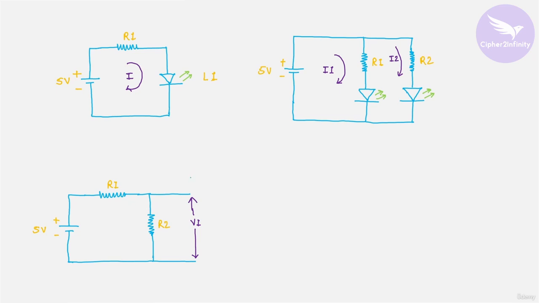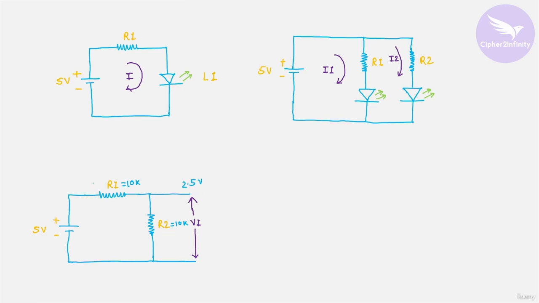For example, if you want 2.5 volts on the output side, then based on the values of R1 and R2 that you select, you can achieve it. If you select R1 as 10 kilo ohms and R2 as 10 kilo ohms, this combination will give you 2.5 volts on the output side.